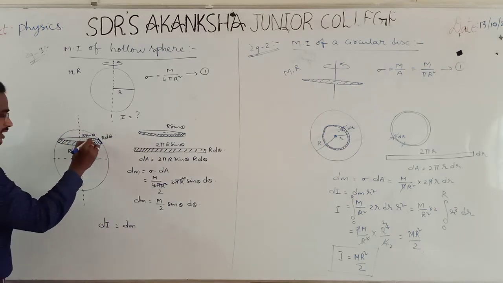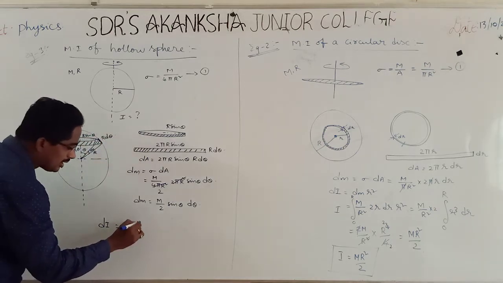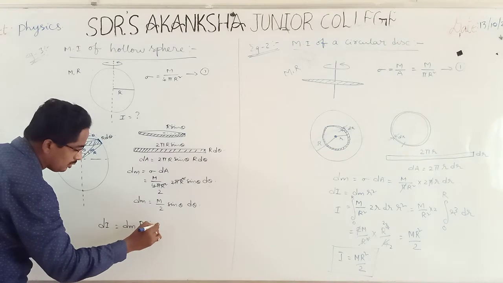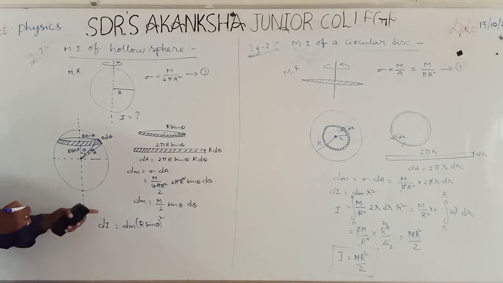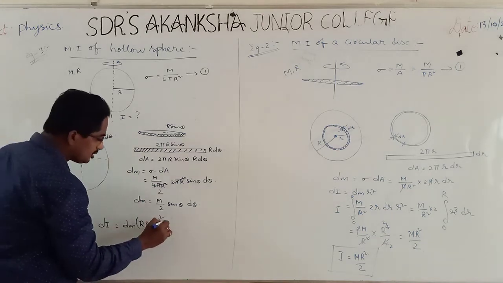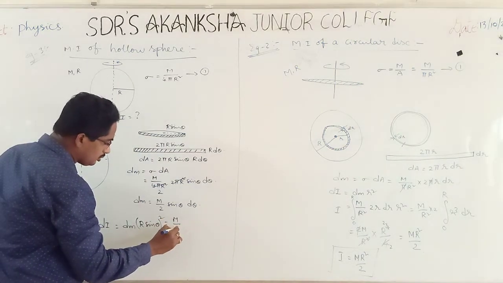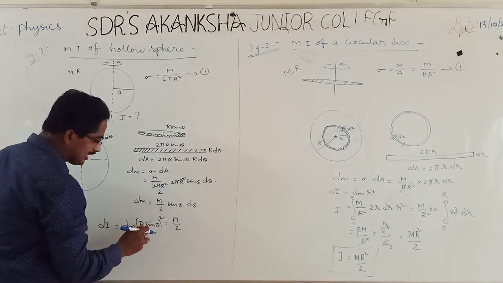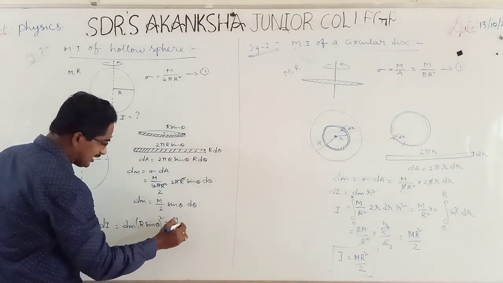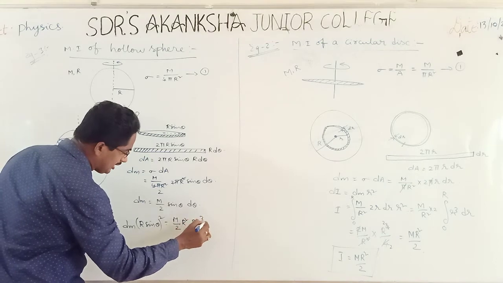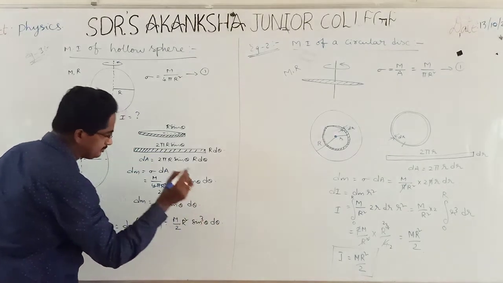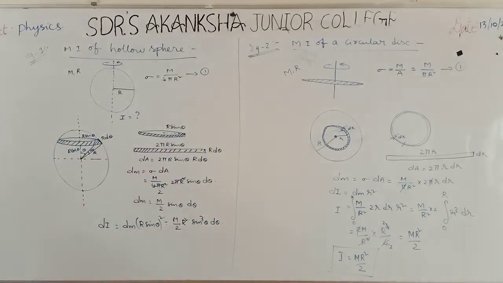What is the radius of this one? r sin theta, so r sin theta whole square. The dm value is M by 2 into sin theta d theta, so we get M by 2 into r square into sin cube theta d theta.